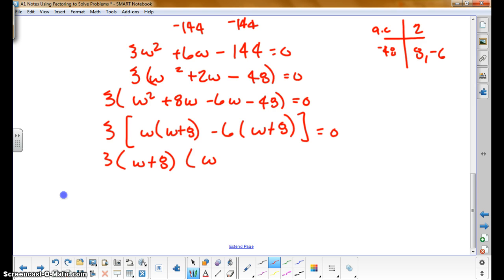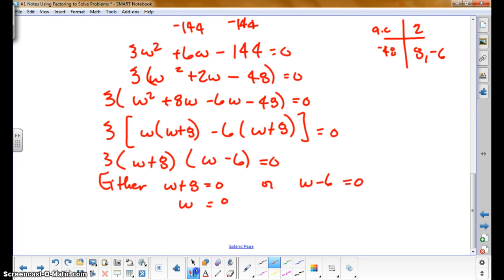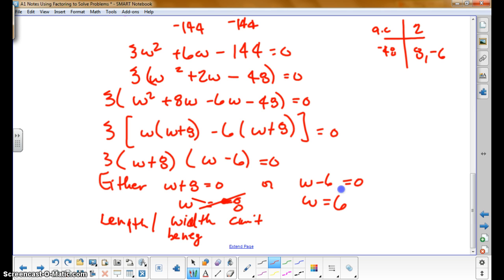And our new area is equal to 48 times 3, which is 144. Let me check my math on that. Nope, it's 144. And we have x and x.